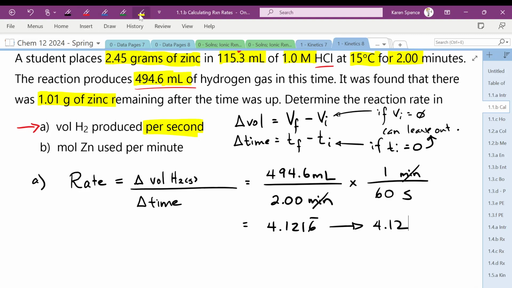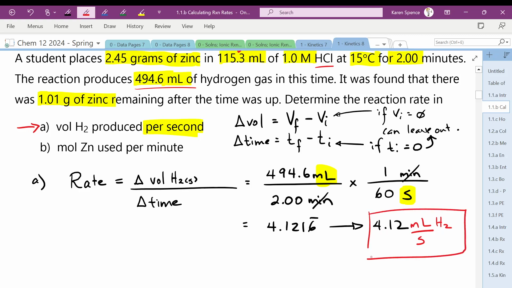What are we left with in terms of units? Milliliters per second. So we have milliliters per second. And if you're a very, very kind student, what will you do? Box it. And I might actually put milliliters of H2 per second, just so it's clear exactly what I'm talking about. Okay.